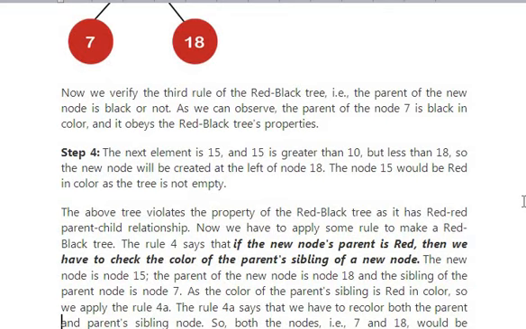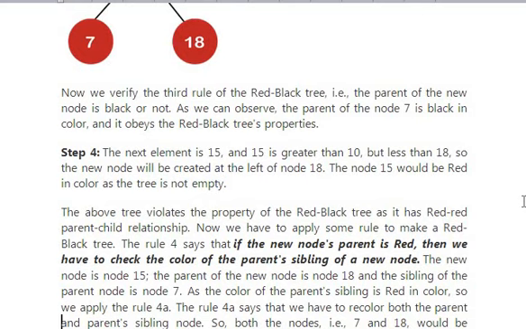If you insert 15 to the left of 18, 18 is red color and 15 is also red color, which violates the property, the red parent-child relationship. If the new node's parent is red, then we have to check the color of the parent's sibling of the new node.